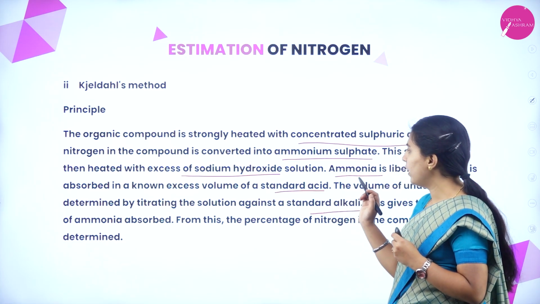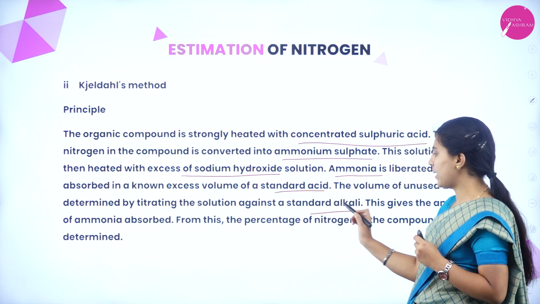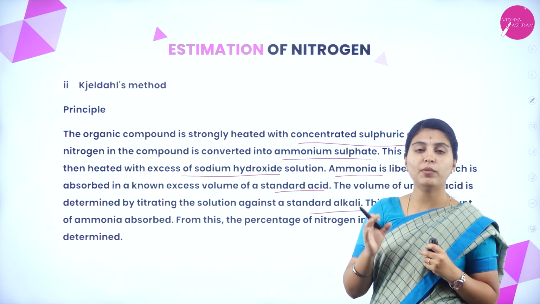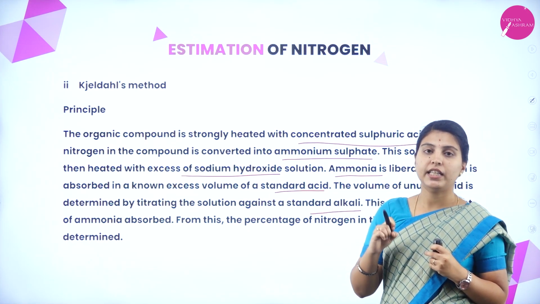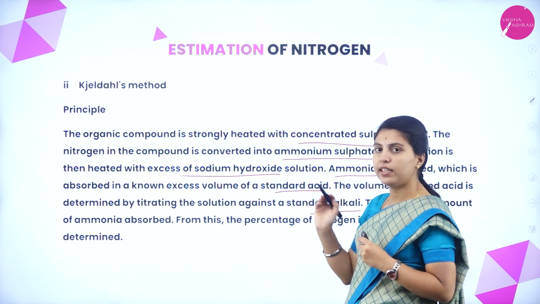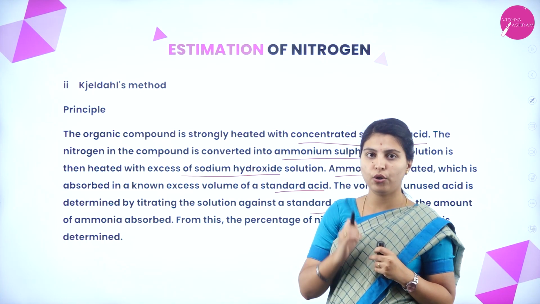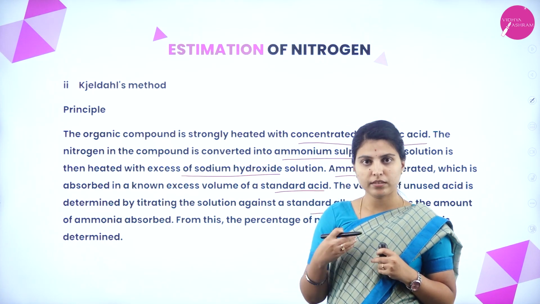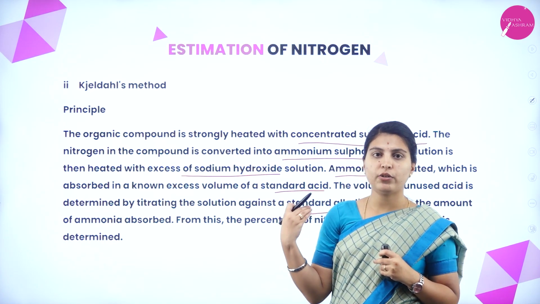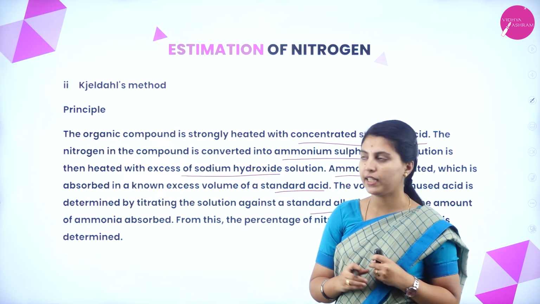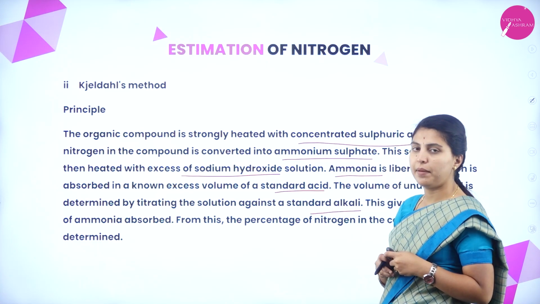That's why they titrate against the standard alkali. This gives the amount of ammonia absorbed. How much ammonia has been absorbed is calculated by this titration part. When the ammonia is known in accurate volume, from that ammonia the nitrogen is estimated. That is the principle of Kjeldahl's method.